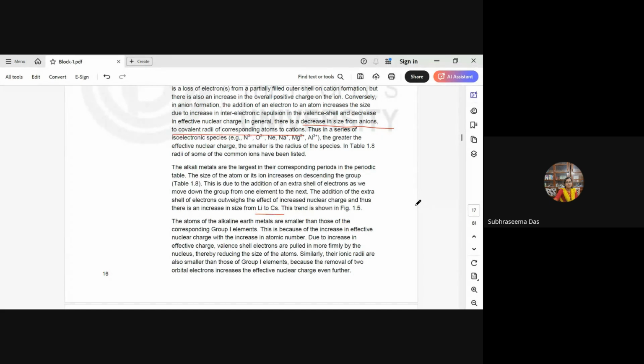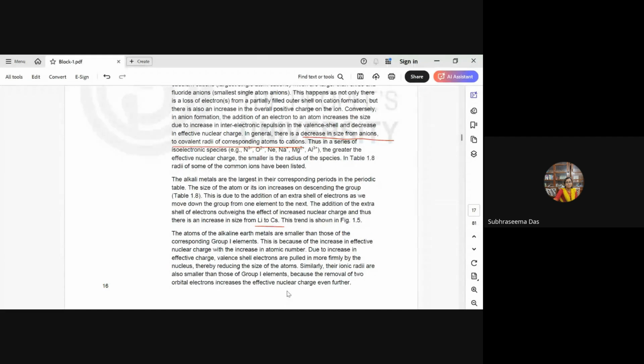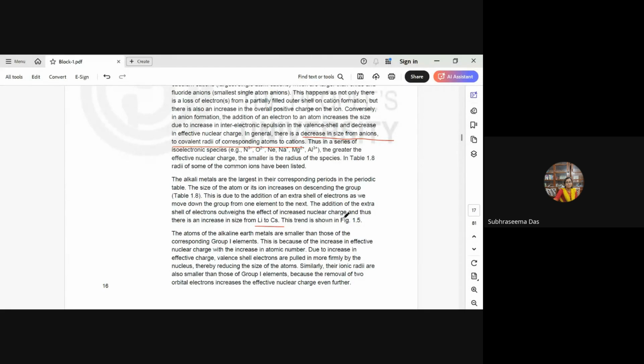Similarly, the atoms of the alkaline earth metals are smaller than those of the corresponding group 1 elements. When we compare a particular group 2 element with a group 1 element, the size of the alkaline earth metal is smaller. Why does this happen? It happens because of the increase in effective nuclear charge with atomic number.